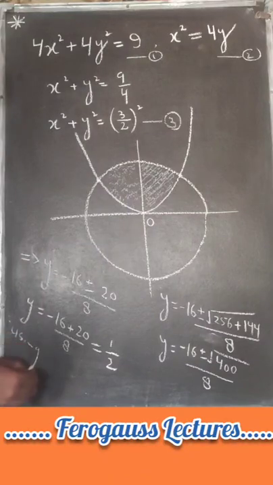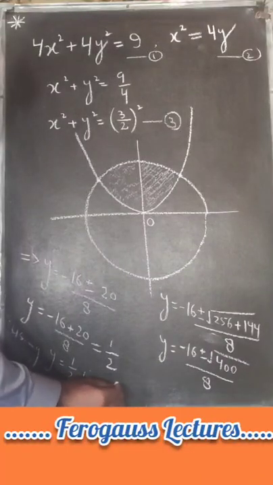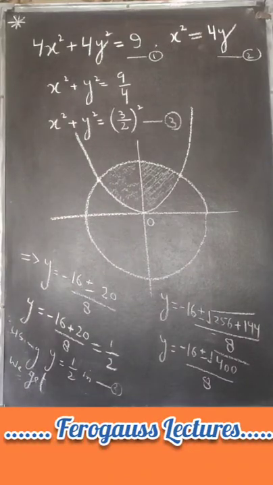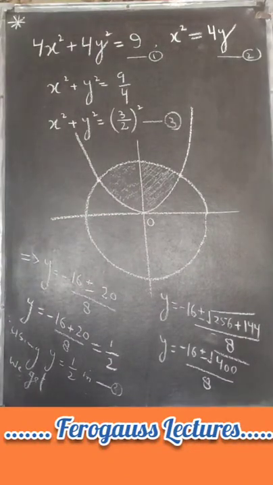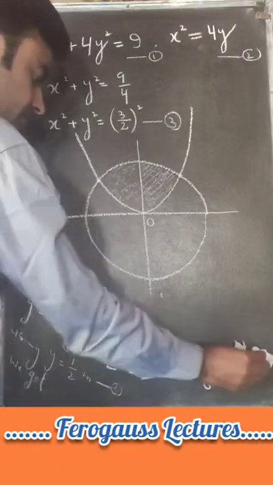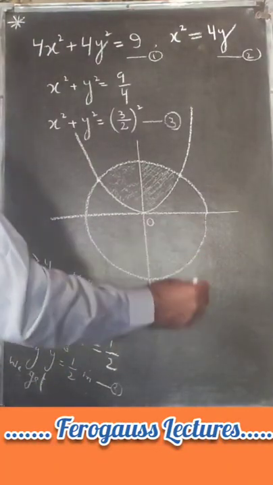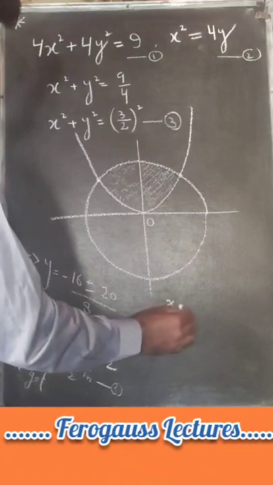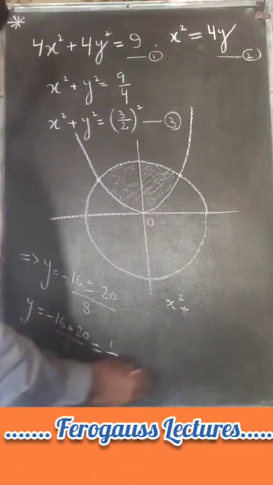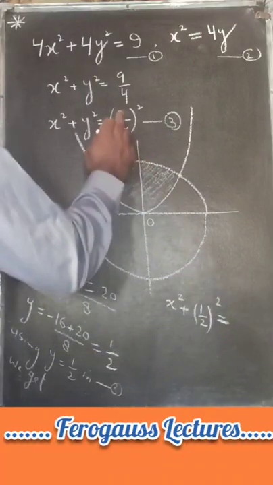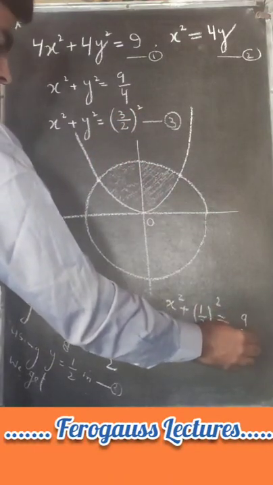Using y equal to 1 by 2 in equation third, we get x square plus, now instead of y square we can write 1 by 2 square, equal to 3 by 2 whole square, that is 9 by 4.